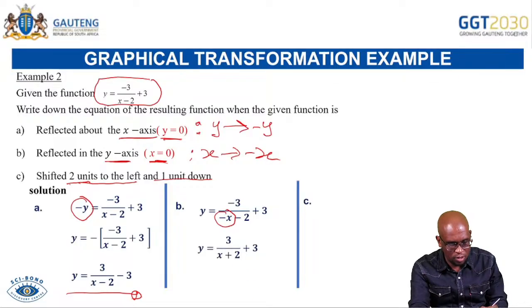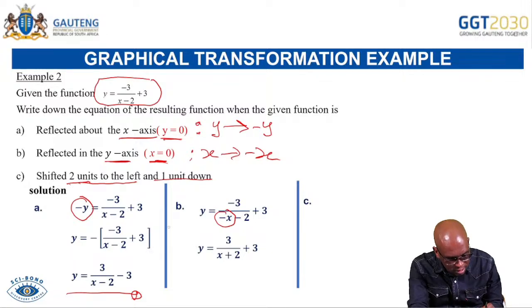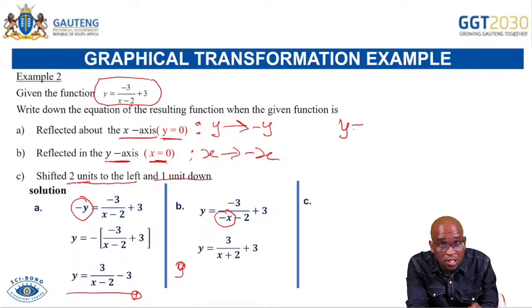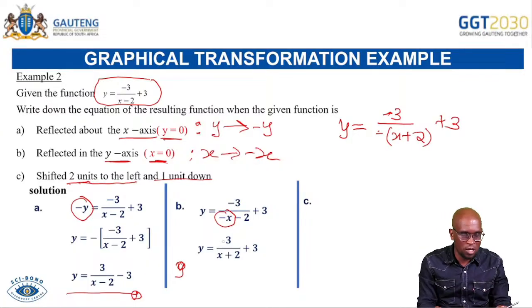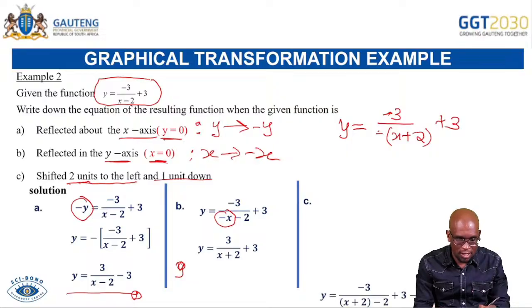Continuing with that, if we take out a negative sign, y is negative 3 over negative x plus 2 plus 3. And then we divide the two negatives to get the 3 to be positive, right?